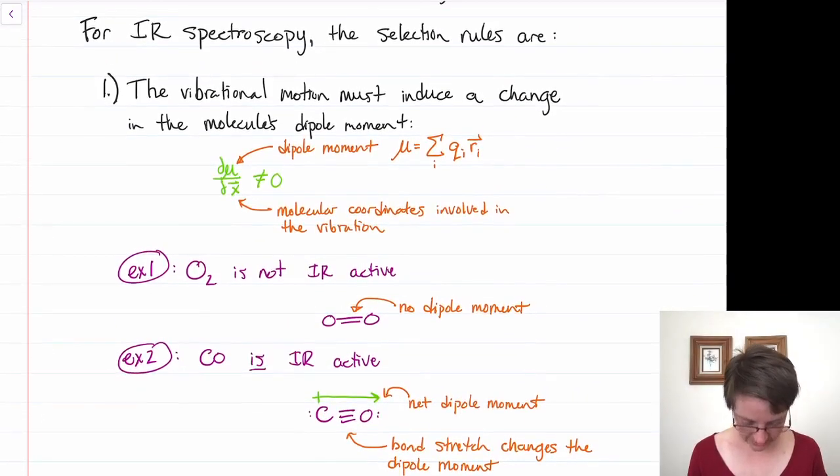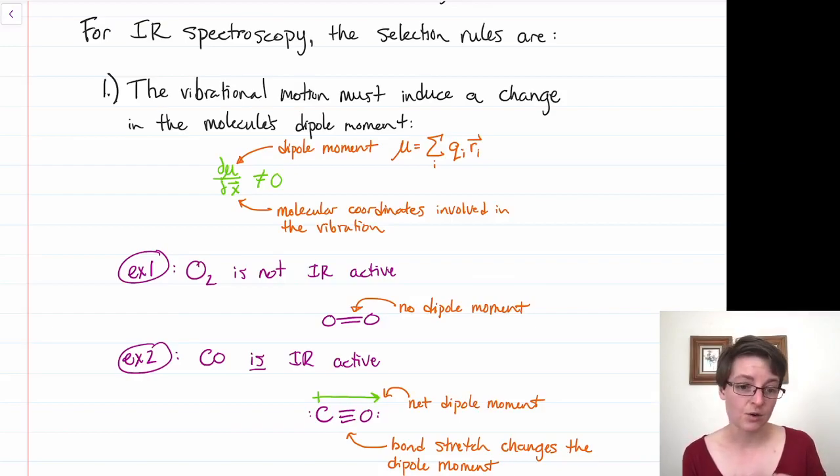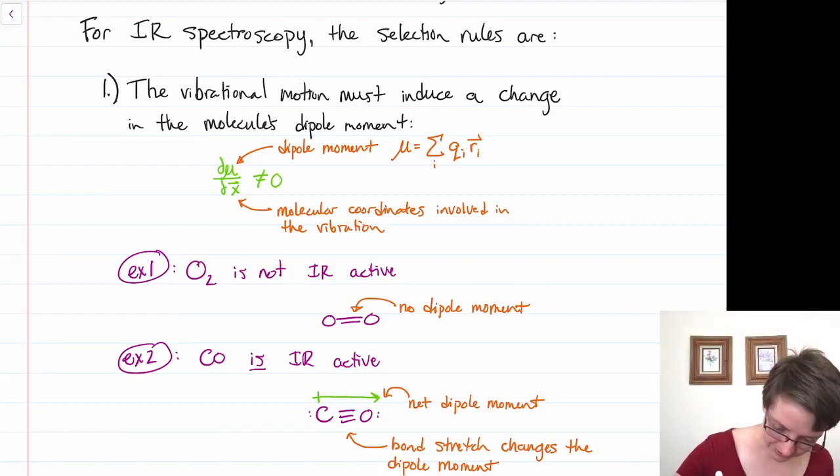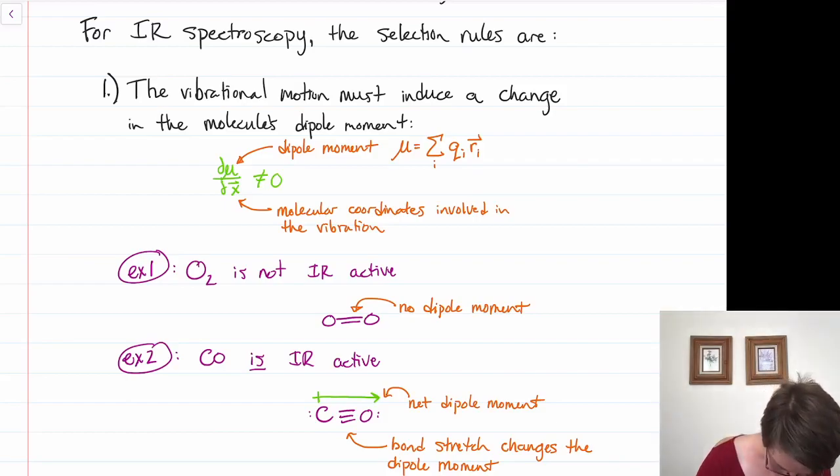On the other hand, carbon monoxide is a molecule that's IR active. If you remember from general chemistry, oxygen is more electronegative than carbon, and so oxygen has a partial negative charge associated with it, carbon a partial positive charge.